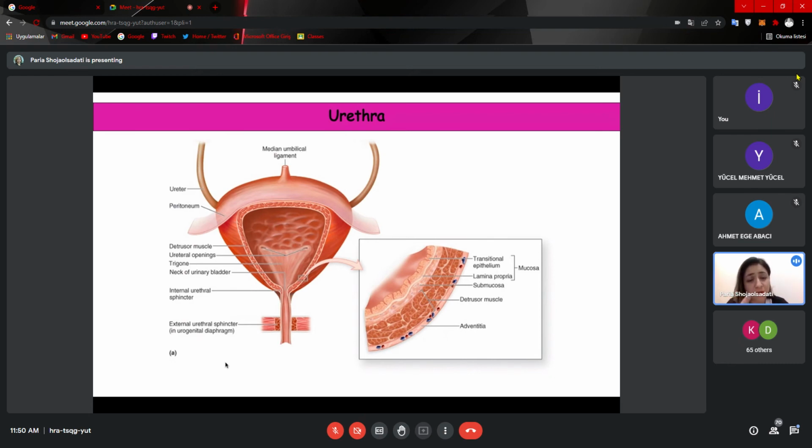Generally the internal one is controlled by the autonomic system and responds to the impulse of filling, and the external one works voluntarily.